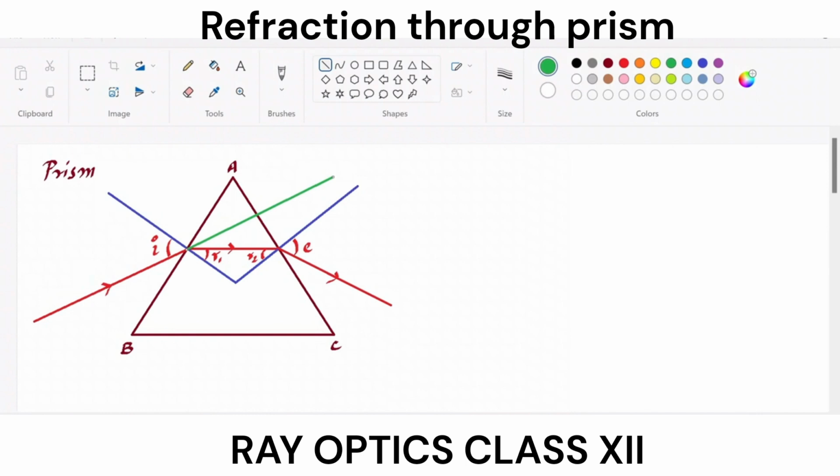Similarly, if there was no prism, this emergent ray was supposed to come from this side. So these two green rays are called as extended incident ray and extended emergent ray. And the angle made by both, we call it as angle of deviation. And that is our delta. What is delta? The angle of deviation.